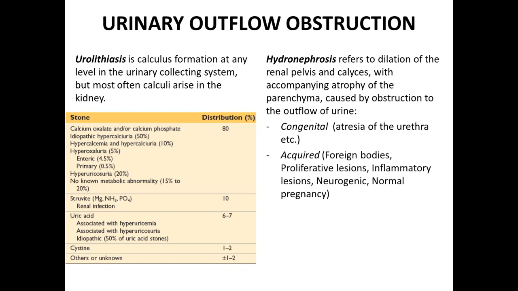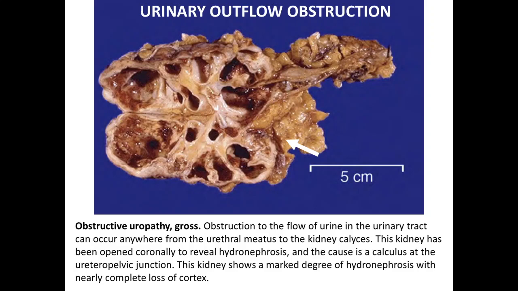You can find here the percentage distribution by these types of stones. And of course, I would like to draw your attention to hydronephrosis types, congenital and acquired, which lead to urinary outflow obstruction too.